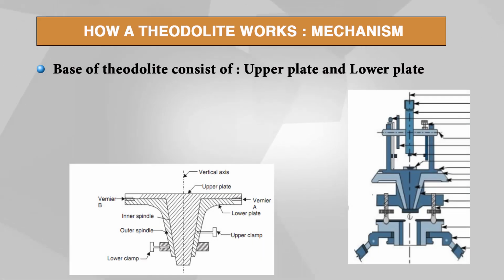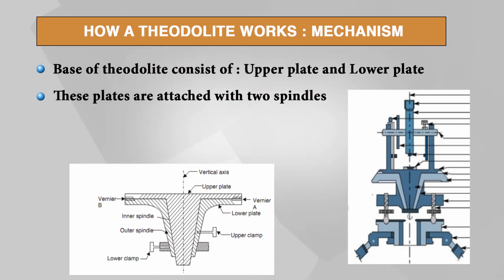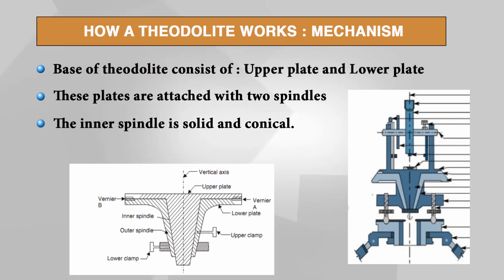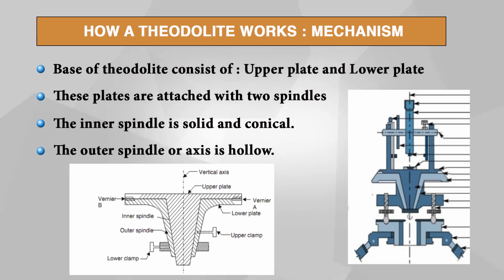If you can recall, the base of theodolite consists of 2 plates, the upper plate and the lower plate, and these plates are attached to 2 spindles. The inner spindle is solid and conical, whereas the outer spindle is hollow, and within the outer spindle, the inner spindle is attached.